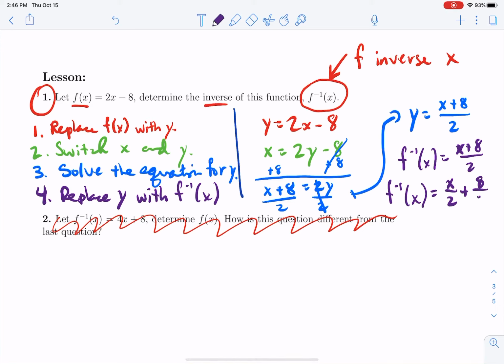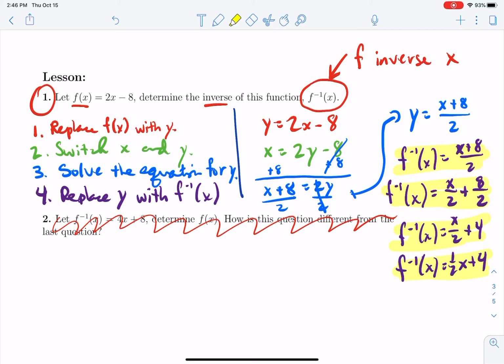So 8 divided by 2. All I did is split it into two separate fractions, which simplifies to x over 2 plus 4. You might also see it written as 1/2 x plus 4. All of these are equivalent. If you just get to here, though, you're on the right track.